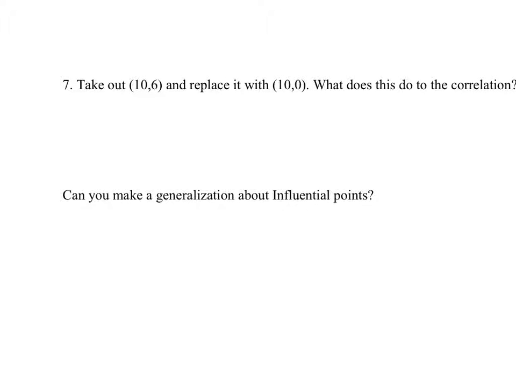Okay, so this is really what we're looking at right here. It says, can you make a generalization about influential points? So basically, influential points are just points that can affect that linear regression line. So if it impacts the linear regression line, then that means the correlation could change.